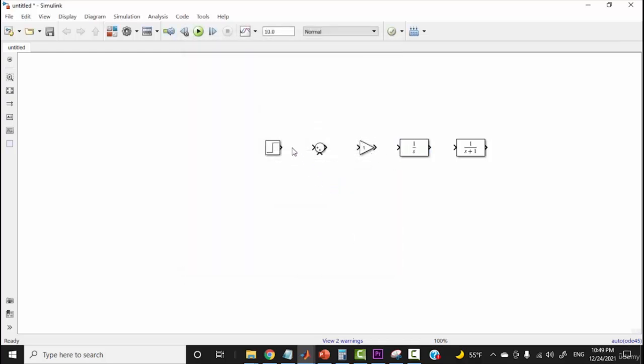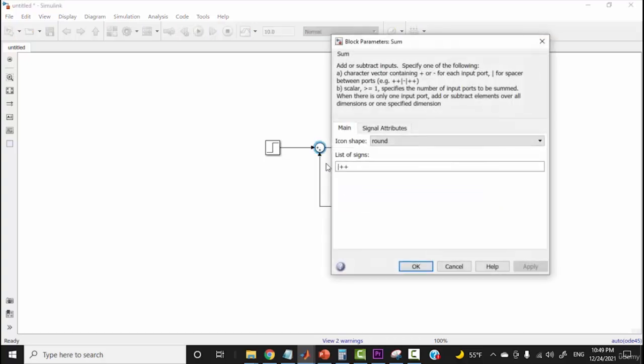Then we need to connect all of these items. Don't forget to convert the feedback to negative.